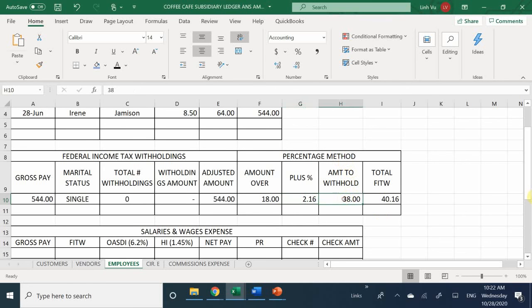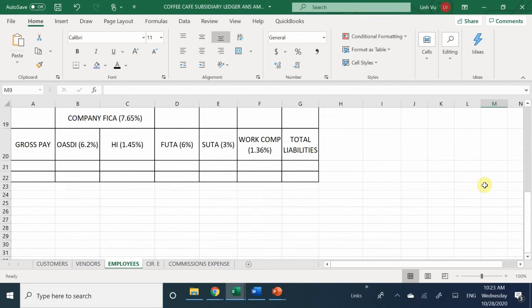Then we add the $38 that the government's going to take from your check regardless of what you make, giving us a grand total of $40.16. So you add what the government's going to take from you plus any money you've made in excess. So my total withholdings that I'm going to take away from her paycheck is $40.16.